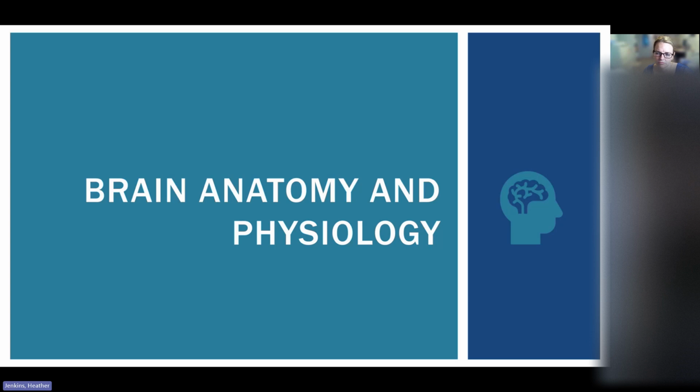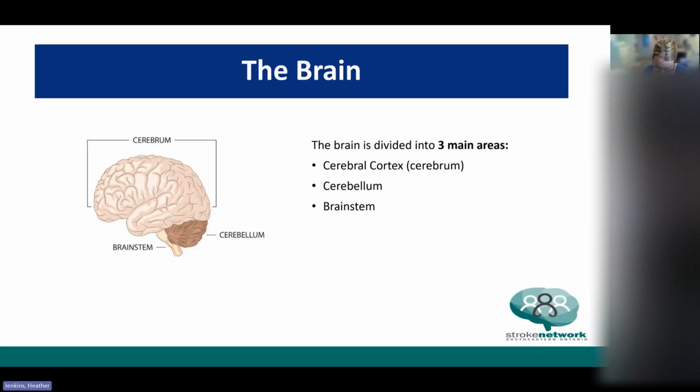So diving into a little bit of anatomy and physiology, a review for some of you, maybe some new stuff for a few. The brain, of course, is divided into 3 main areas. The area that we all think of when we think of a picture of a brain is those folds and ridges, and that is your cerebrum or your cerebral cortex. Tucked underneath that at the back is your cerebellum, and then in the middle, leading out into your spinal cord, is your brain stem.